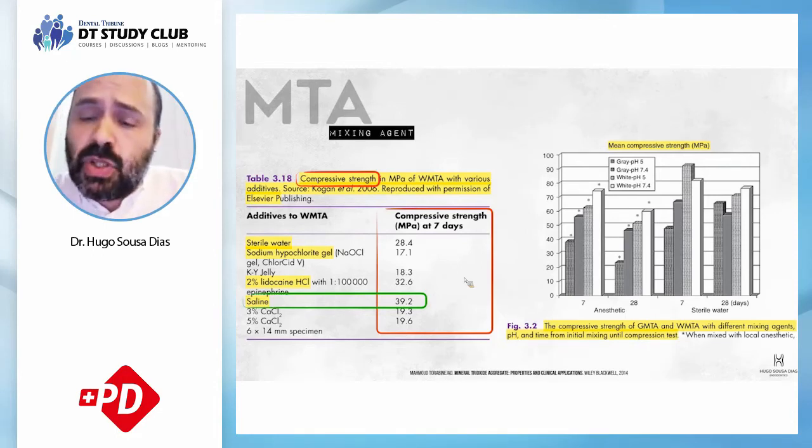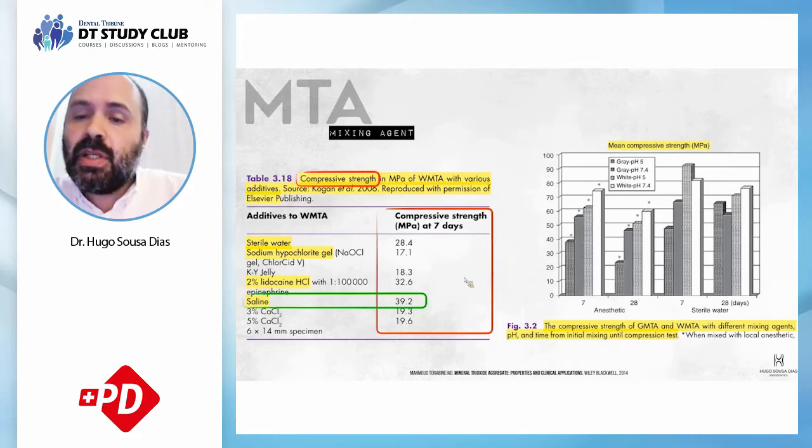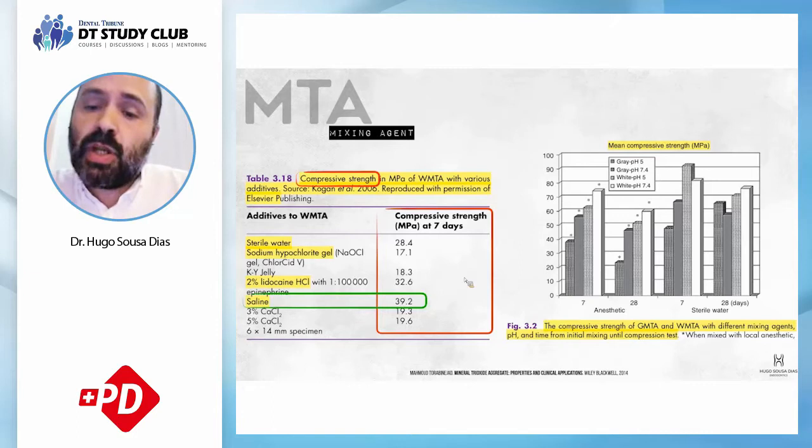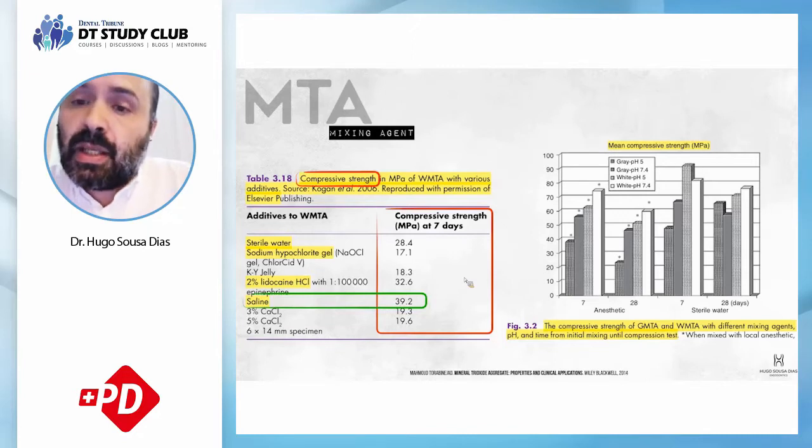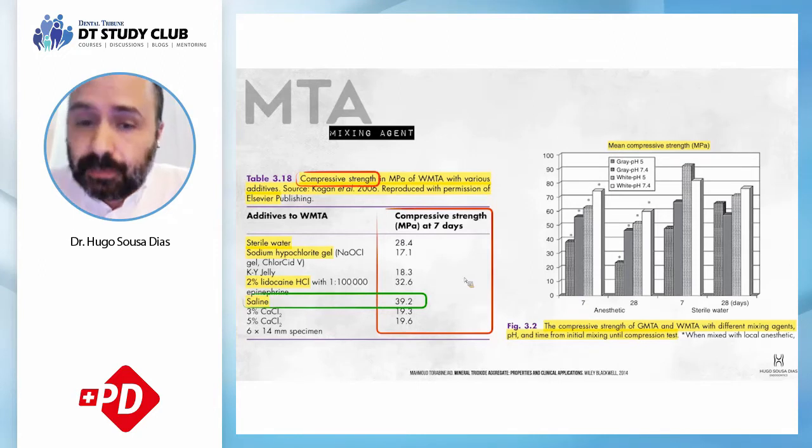And it's possible to see that in the acidic environment with the anesthetic solution, when you mix the MTA with anesthetic solution and you put this mix in an acidic environment, I'm going to have a lower compressive strength of my MTA.